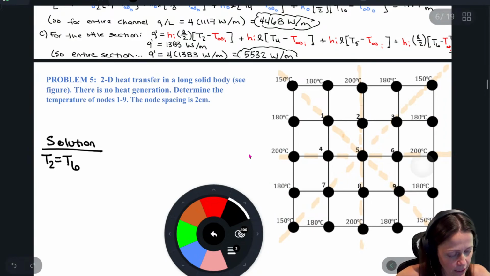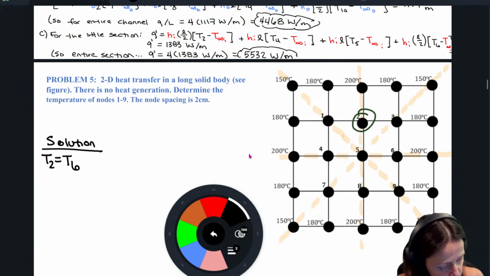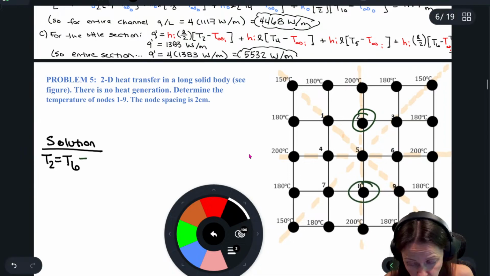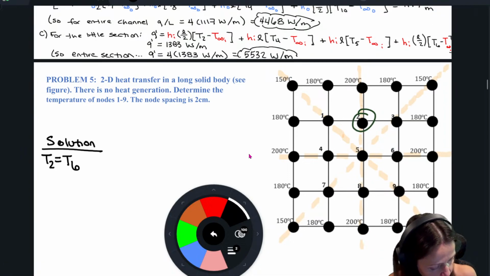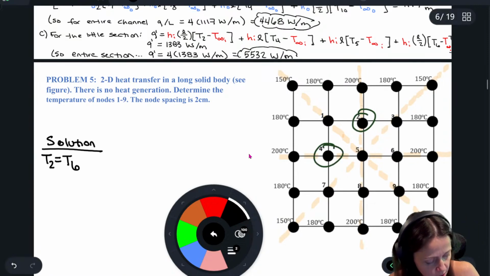So it looks like T2 and T6 are the same because of this line of symmetry. It looks like T2 is the same as T8 because of that line of symmetry. And what else? Same as T4 because of that line of symmetry.